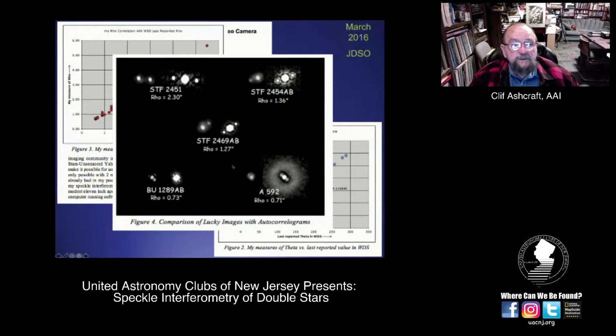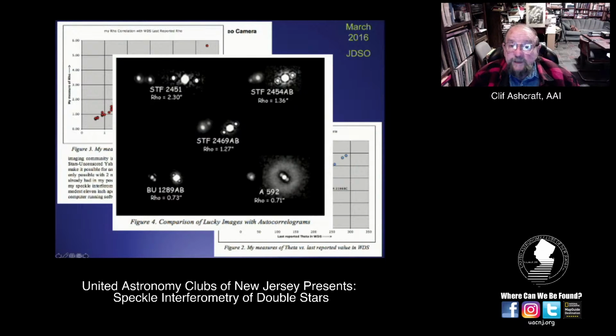Here's some pictures of my autocorrelograms compared with lucky imaging results. This is basically the same technique I use for planetary imaging, but applied to double stars. Now you can see that, well, it's pretty obvious.